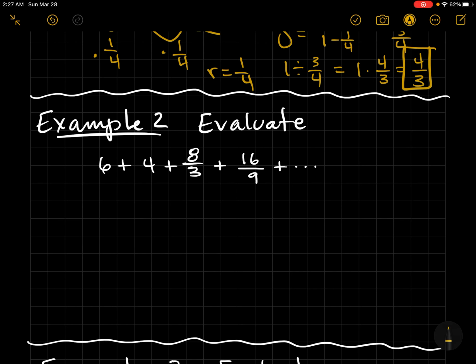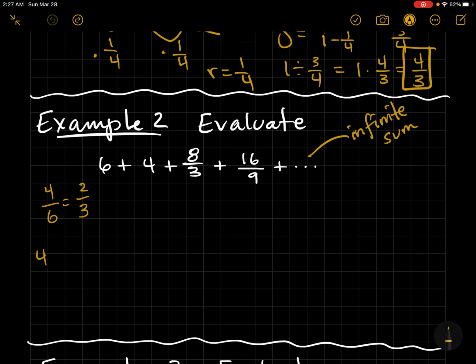Example 2. Let's check this out. This is an infinite sum. So the first thing we want to do is check the ratio. And remember, the way we check the ratio is to divide by the previous term. So that's 2/3. But what is 4 divided by 6?